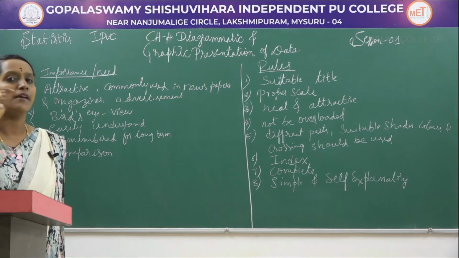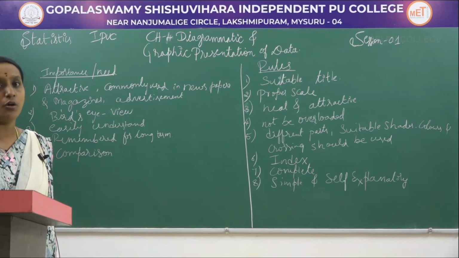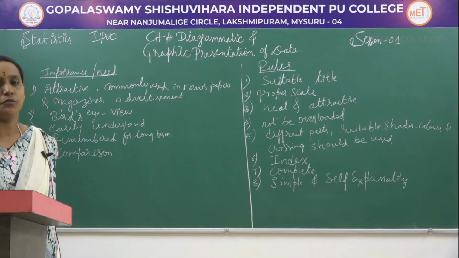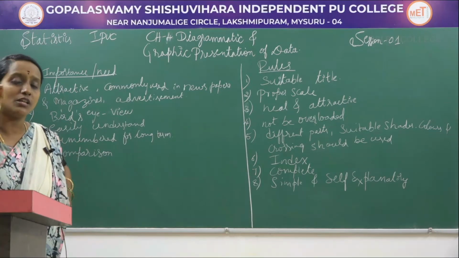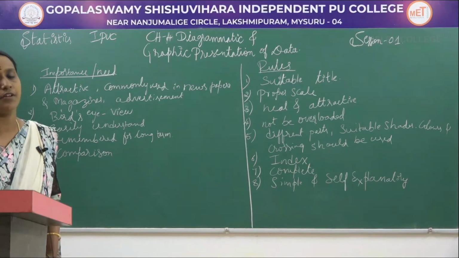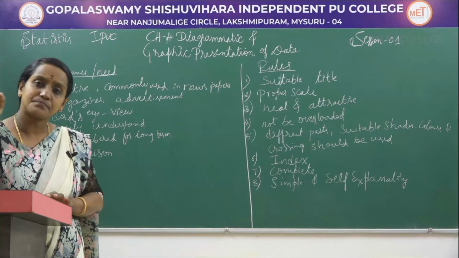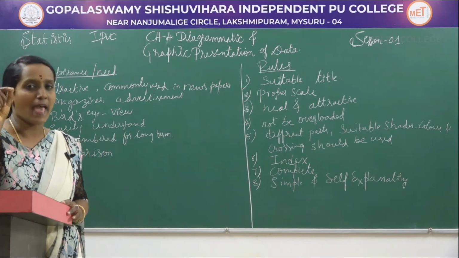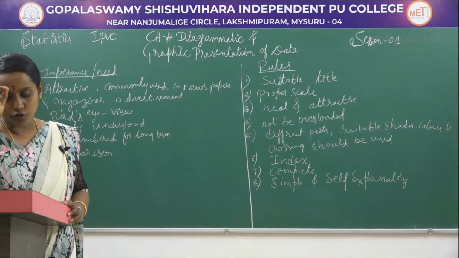As we did for a blank table, we should write the title of the table so that we can understand the content of that table we are going to study. Similarly, when we are drawing graphs or diagrams, the title should be clear.